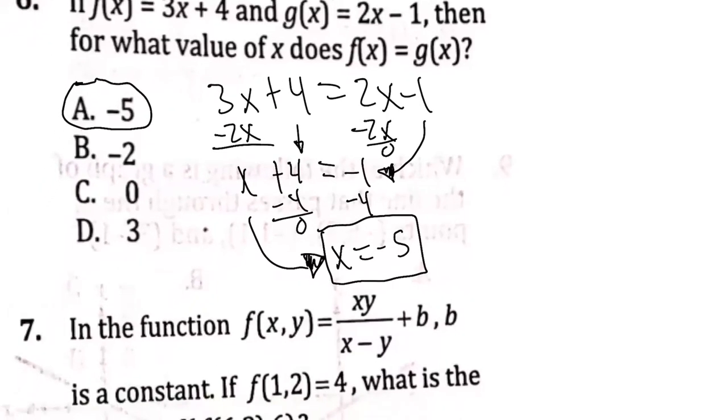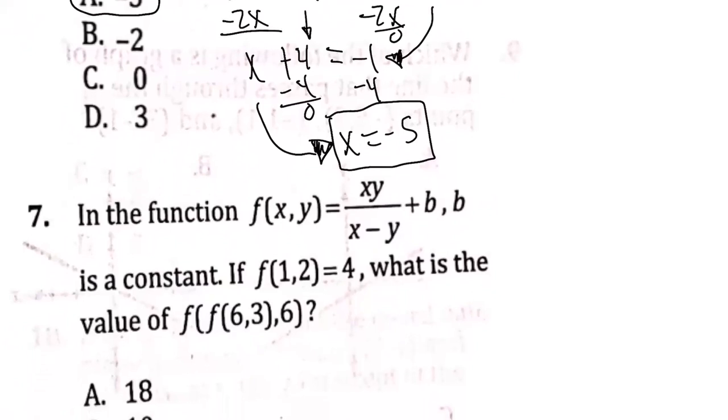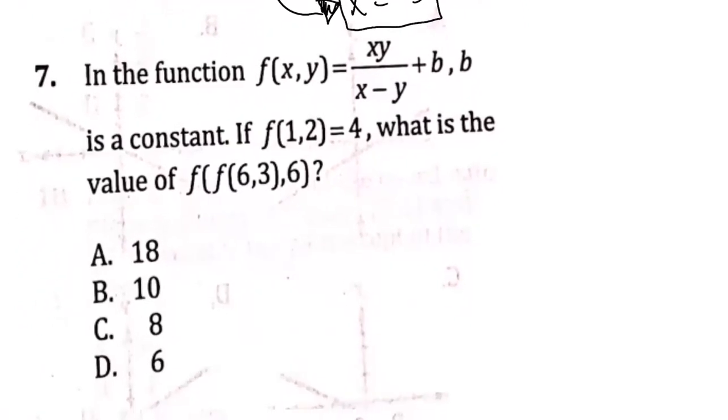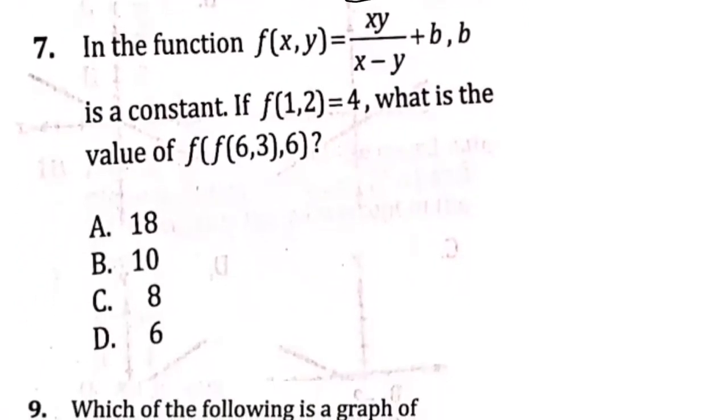Okay, so now the next one is kind of a doozy. It's a lot more complicated. In the function f of x comma y equals x minus y plus b, b is a constant.